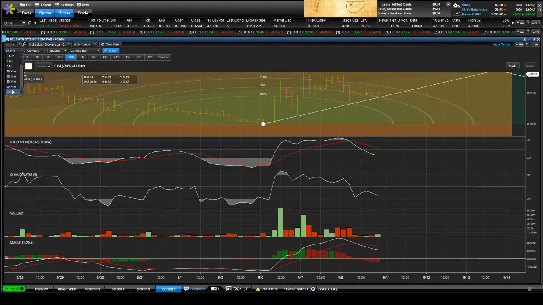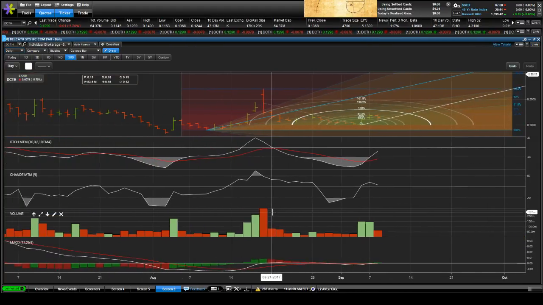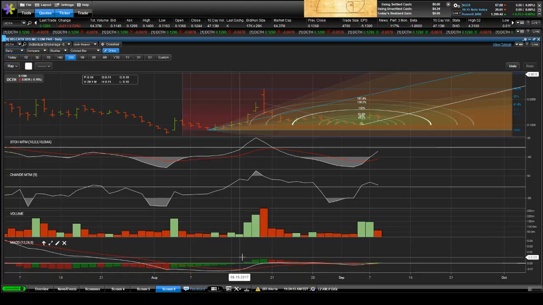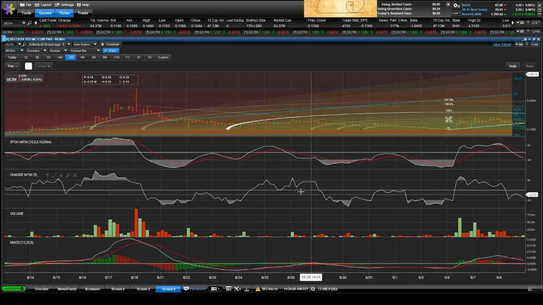But if we go over here to the daily, it's going to look different. See, it's way back here on the 14th of August that we had that last big buy signal. And we had one here on like the 31st a little bit, or I'm sorry, on the 7th. So it's going to look different depending on your time frame. Just remember that. It's a good thing to know.